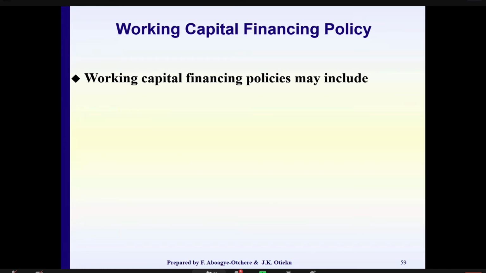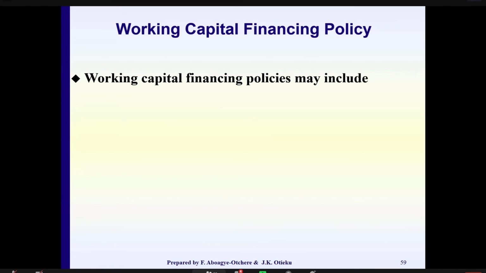All right. Now remember, we're talking about liquidity. We are looking at the middle portion of the statement of financial position. We're looking at working capital. Now, when it comes to working capital, an entity may have a policy, and the policy will consider how their current assets are financed.